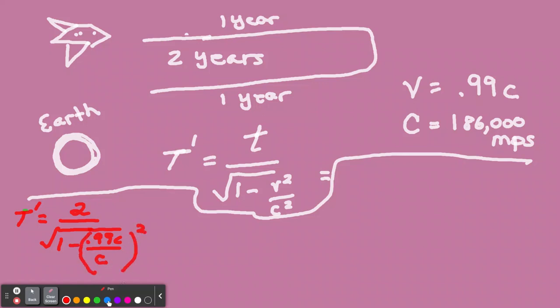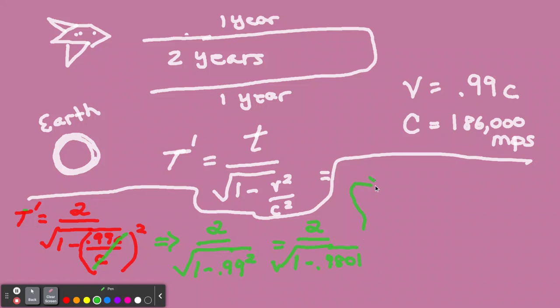Now remember, use green. The c's will cancel out. So now we say 2 over the square root of 1 minus 0.99 squared. And we'll keep going. So then 2 over the square root of 1 minus 0.9801.